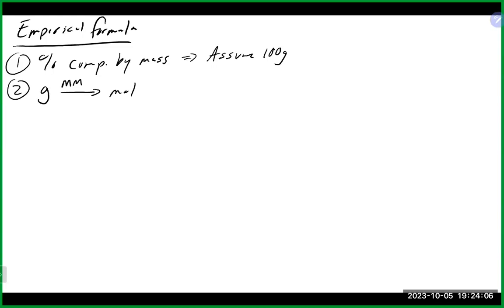Once you have everybody converted into moles, so all the elements converted into moles, I'm just going to do an example here. Let's just say we had A and B and we calculated 2 moles of A and we got like 4 moles of B. Once we have the moles of all the elements that are involved here, the next thing that we want to do is actually divide by the smallest number of moles.